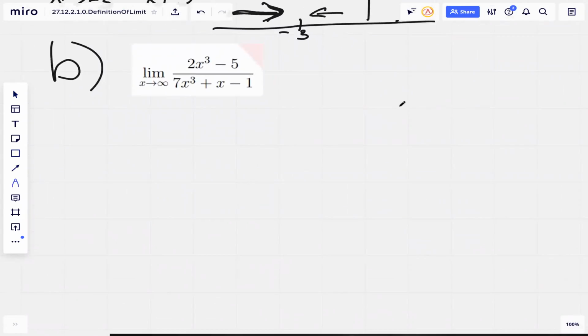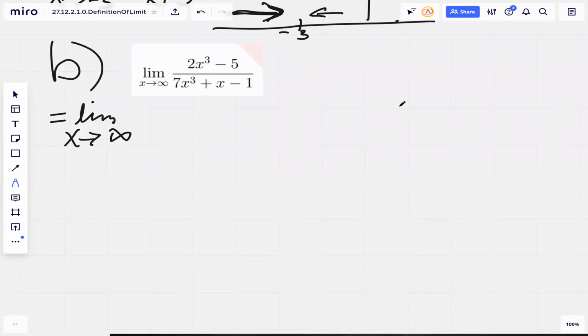Okay, so what do we have here? The limit as x approaches infinity of (2x cubed minus 5) over (7x cubed plus x minus 1). So again, I'm going to write out our limit as x approaches infinity. In this situation, we're going to look at the term with the highest exponent.